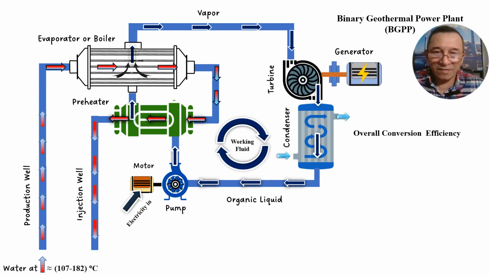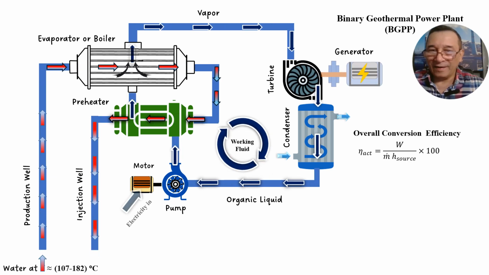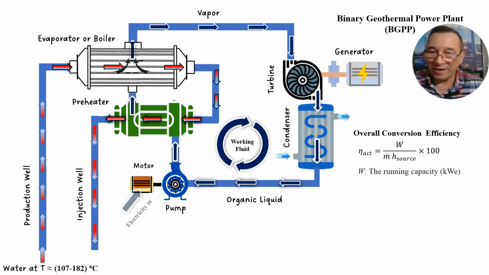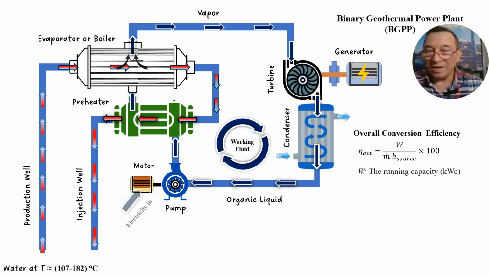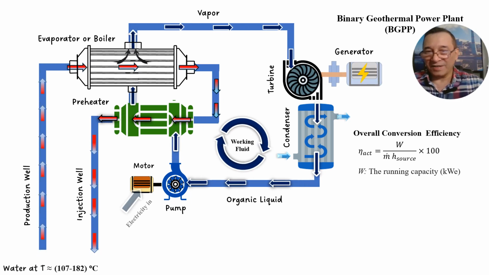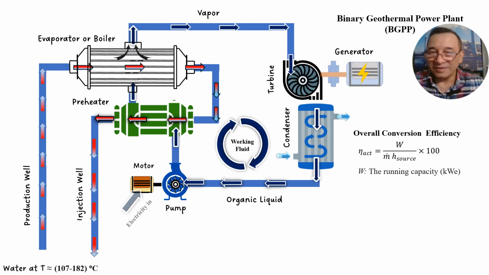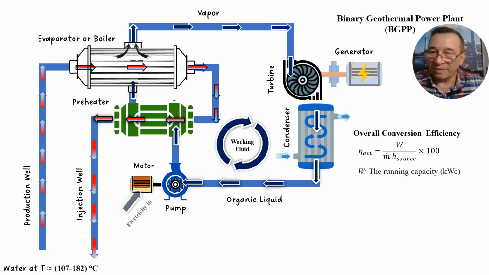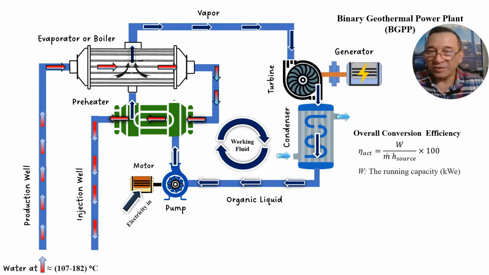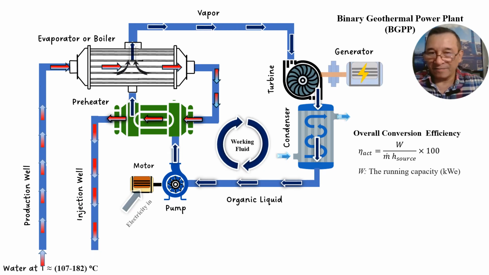The efficiency is calculated in the same manner as before. That is, efficiency equals W divided by m dot times H source times 100.